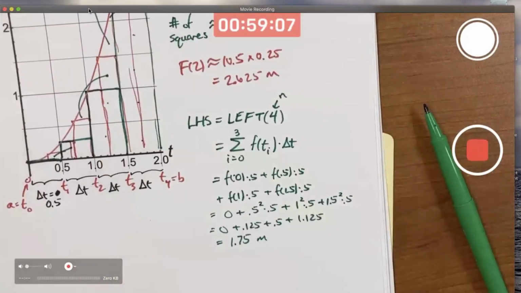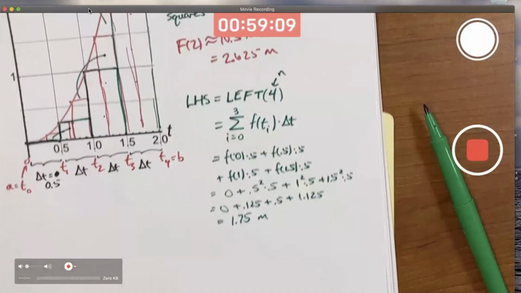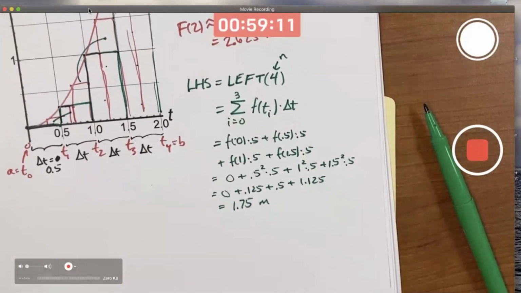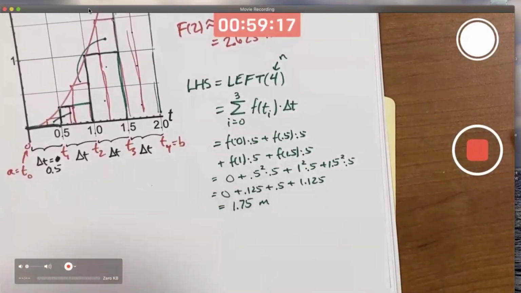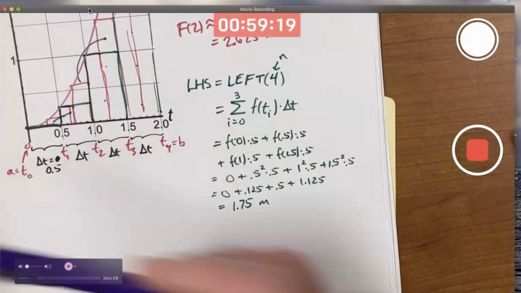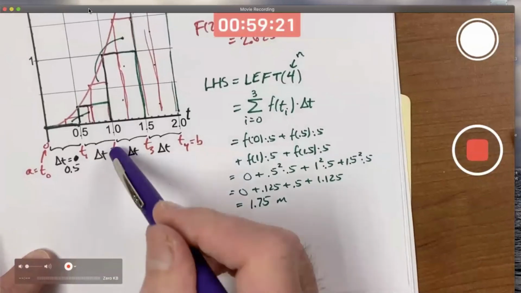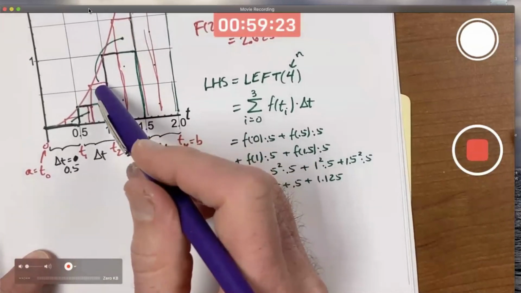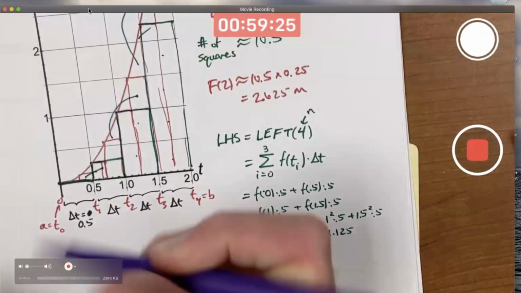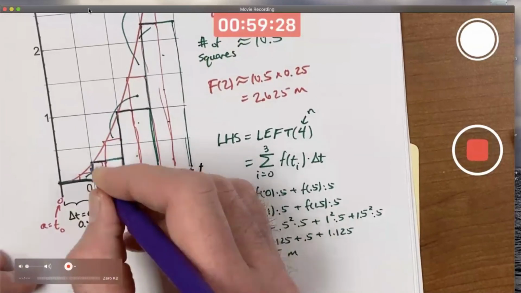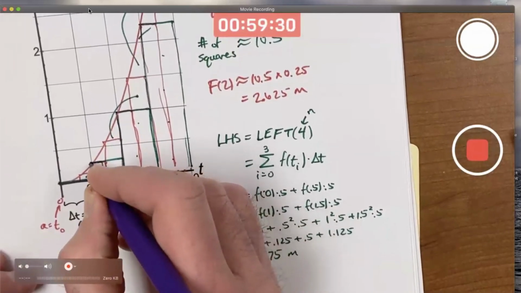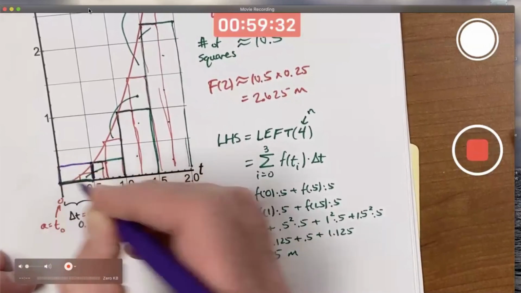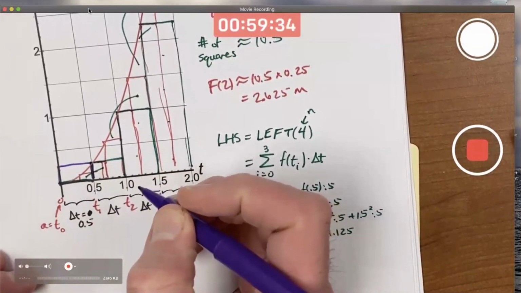Getting low on time. I don't want to completely do a right-hand sum, but let me tell you the idea. For the right-hand sum, you'd use the right-hand endpoints to determine the heights of the rectangles. And what would they look like? The right endpoint of the first interval is 0.5. Use that as the right endpoint and the height of the first rectangle. The first rectangle for a right-hand sum would look like that.